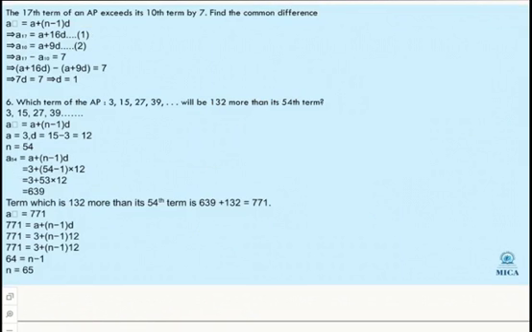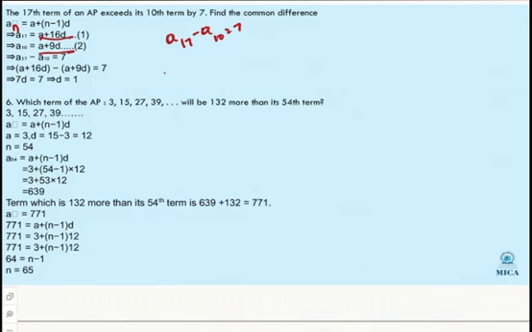The 17th term of an AP exceeds its 10th term by 7. Find the common difference. So we first put the formula an is equal to a plus n minus 1 into d. They have given a17 and a10. So they have given it as a17 minus a10 is equal to 7. We can write a17 as a plus 16d and a10 as a plus 9d.